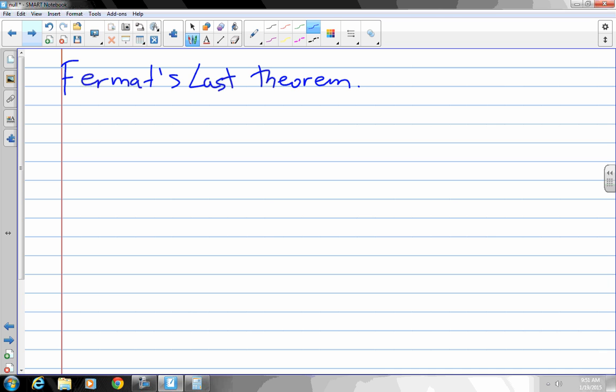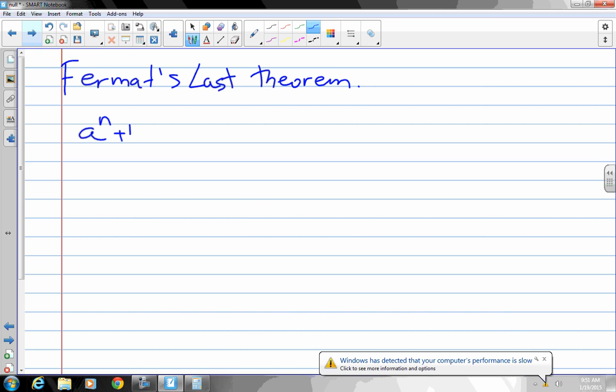And he wrote this theorem that a to the power n plus b to the power n equals c to the power n has no integer solution for n greater than 2.